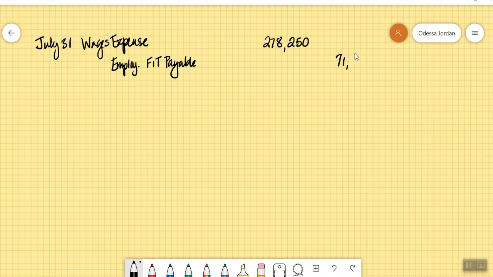So $71,163. Then we have the employees' SIT or state income tax payable, and that's 11,727.